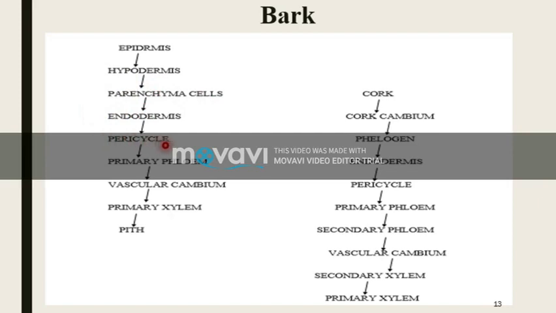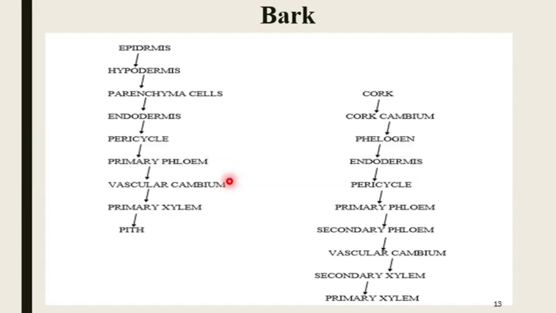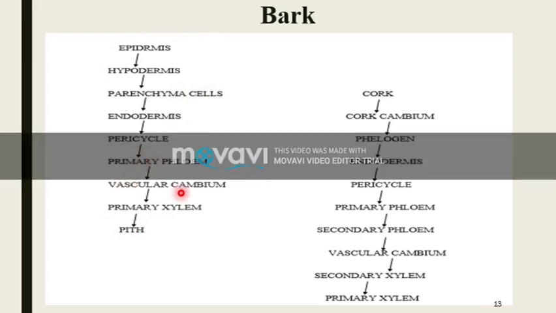Inner to the cortex, pericycle is present, then primary phloem, then vascular cambium, and primary xylem, and innermost is pith. In the primary growth, we have seen that vascular cambium is present between xylem and phloem, which plays a role in the secondary vascular tissues.